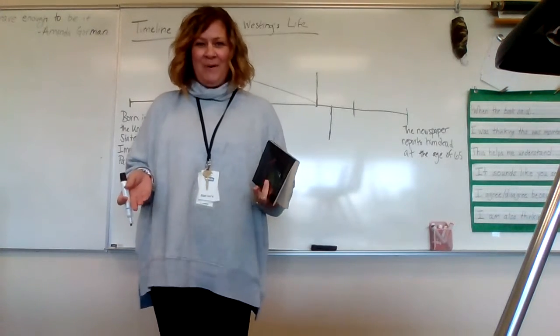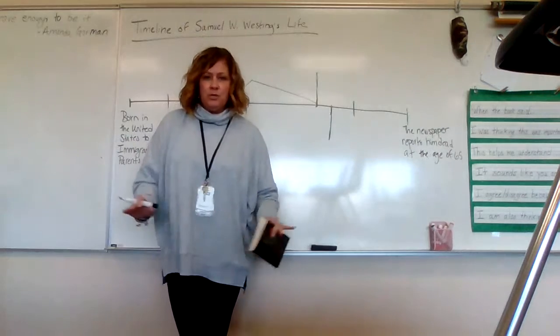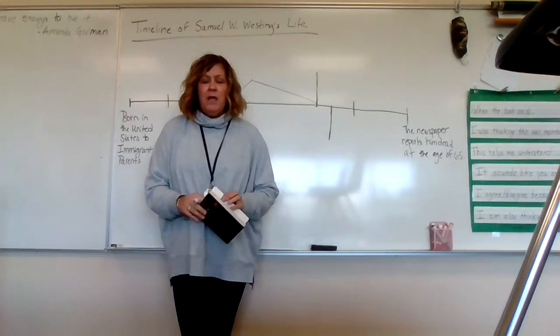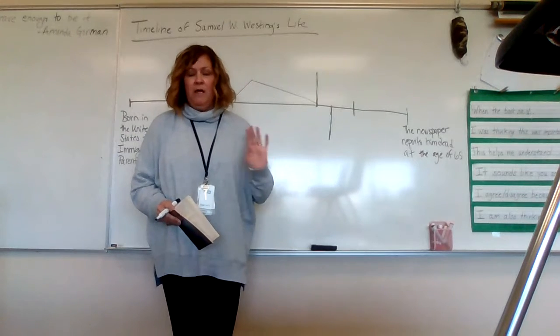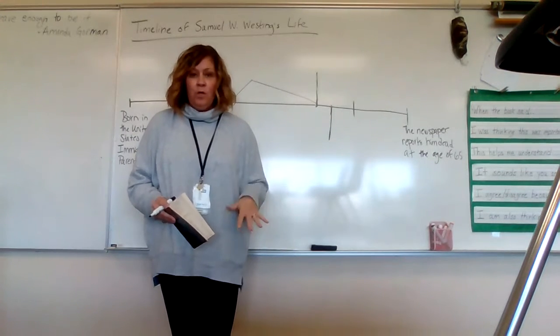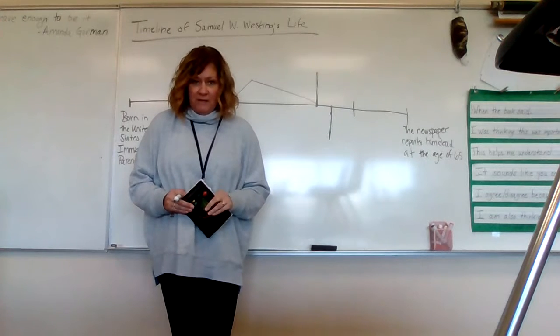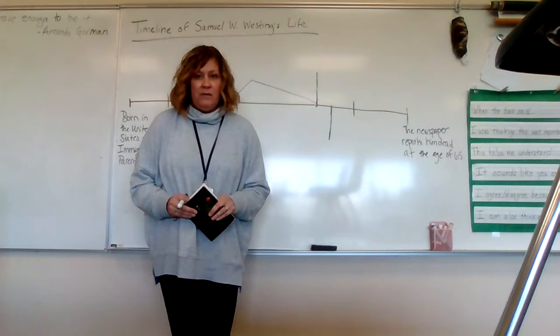So today, what I want to do is just make sure that we are all on the same page and that we all have this entire timeline filled in with all of the important events that we want on it in Sam Westing's life.